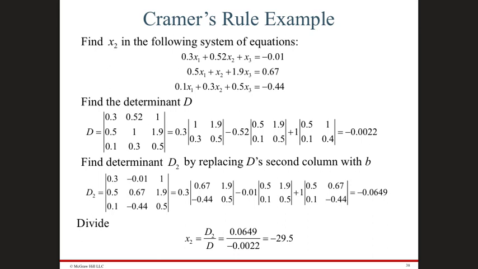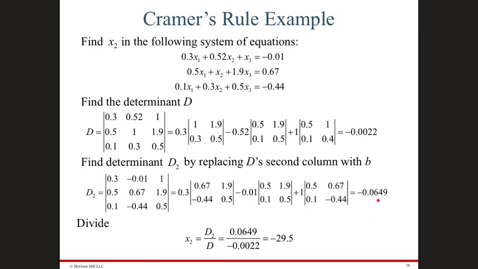Then you can solve by calculating the determinant of the whole system. This is the determinant of the matrix A. And then if you want to calculate, for example, x2, the value of the variable x2, the way to do that is to calculate something called D2, the determinant D2, which is the same as this, but you replace the second column, which is the coefficients of the variable x2, with the constants, right?